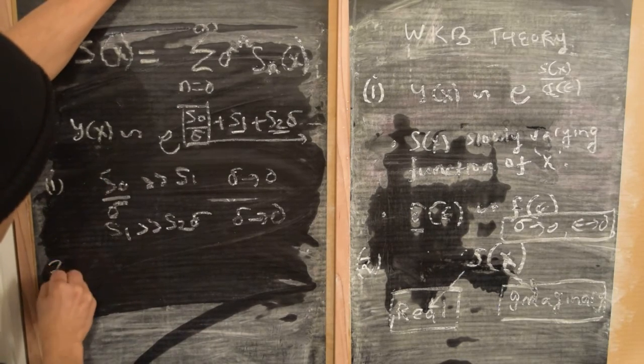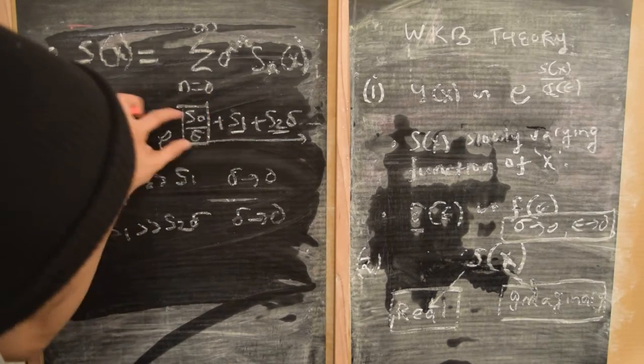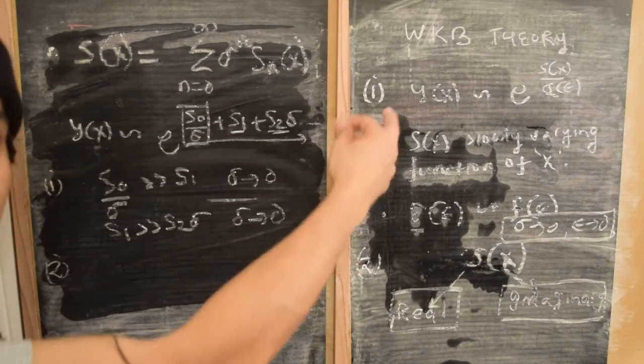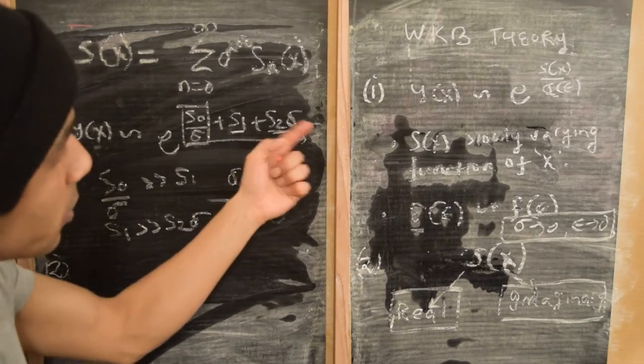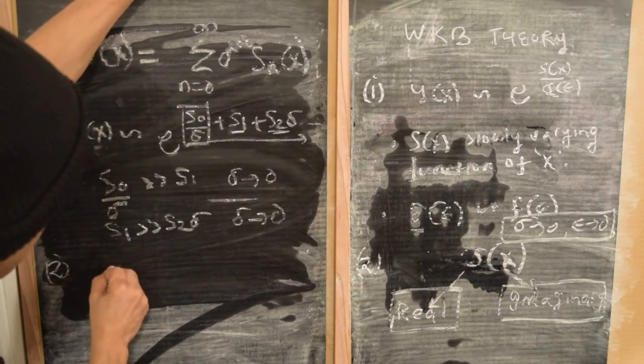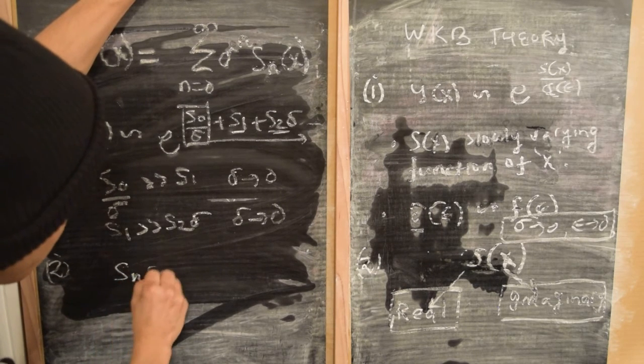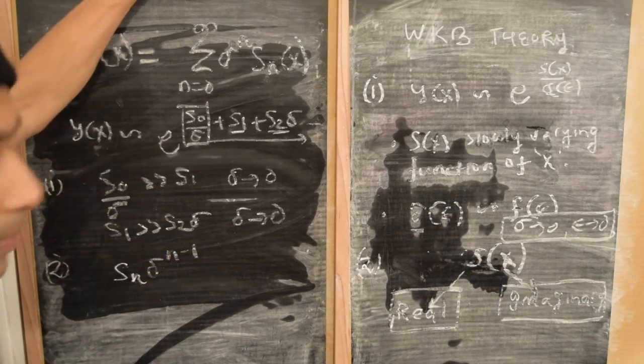Okay. Now where do we truncate this series? So notice that this series expansion is in the exponent of an exponential. So let's say we were to truncate this series at a term which is S n delta to the power of n minus 1.